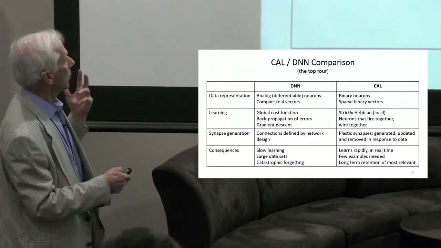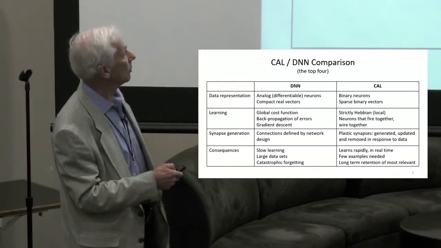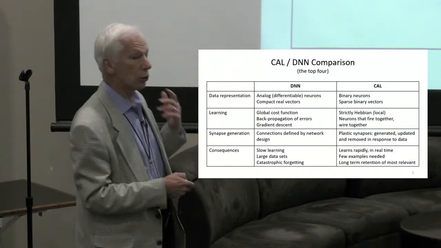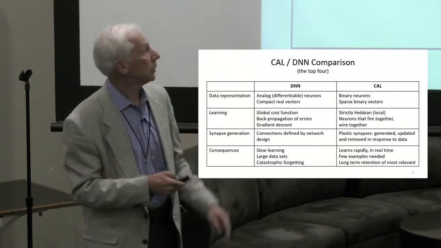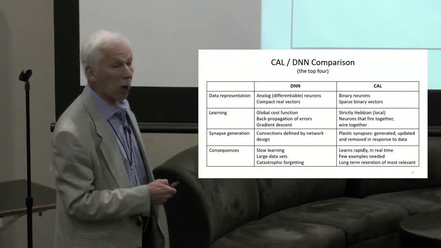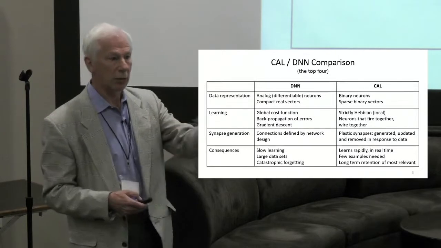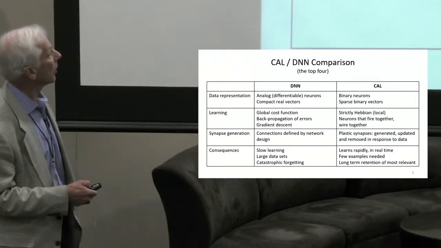And so the data representation is in the form of compact real vectors. CAL uses binary neurons. They either fire or they don't fire. So zeros and ones. And they are sparse. That is, out of any given set of neurons, a relatively small number fires at any given time.